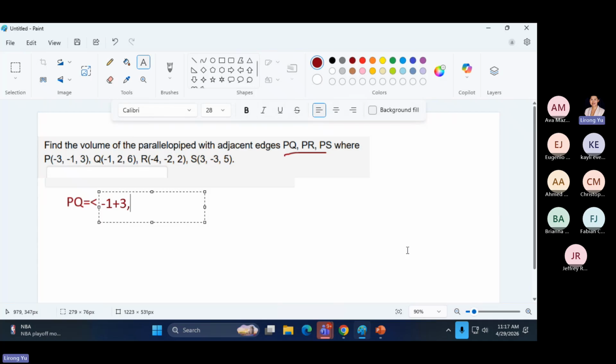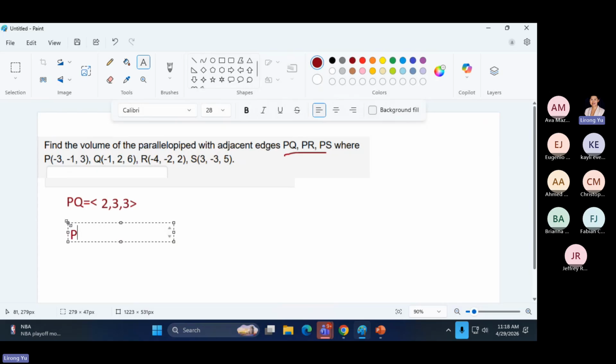The second component for PQ is 2 minus 1, which is 3. And the third component, 6 minus 3, which is also 3. So altogether, that's 2, 3, 3.